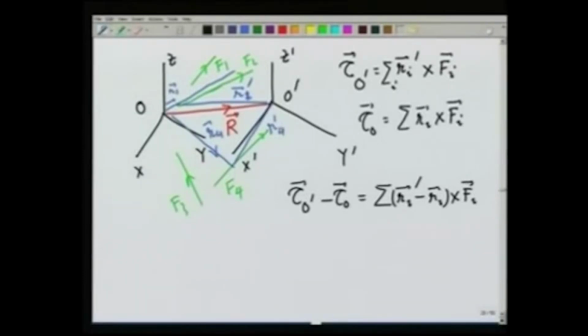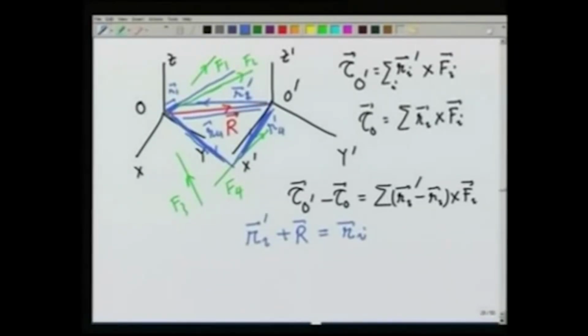And from the figure it is clear that this is R 4 prime, this is R, and this is R 4. So, R i prime plus R is equal to R i; like R 4 is equal to R plus R 4 prime. Similarly, R 1 is equal to R plus R 1 prime.